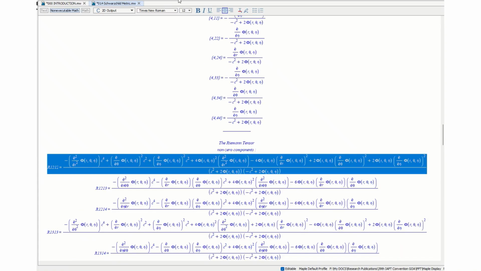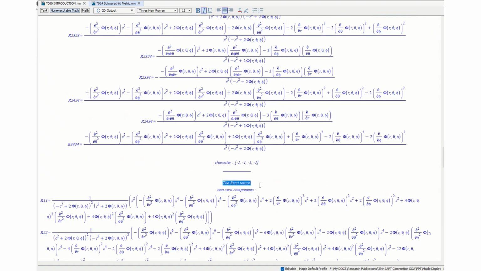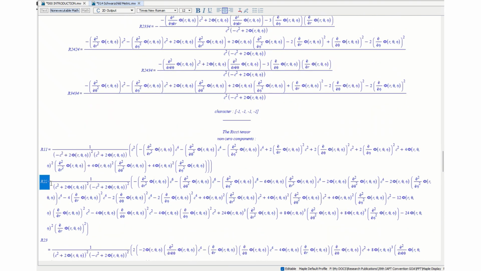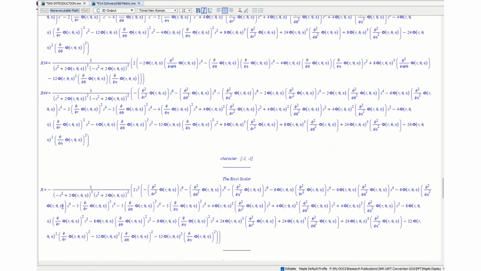I'm trying to hold that. This is R1212, R1213, and so on and so forth. You can observe. Then the Ricci tensor non-zero components R11, then R22, then R23, then R24, and so on and so forth.